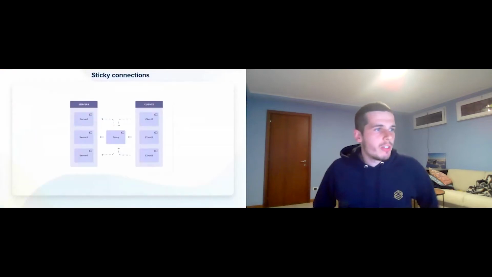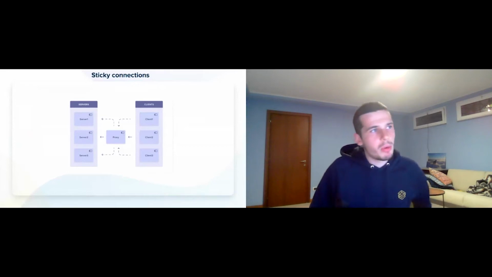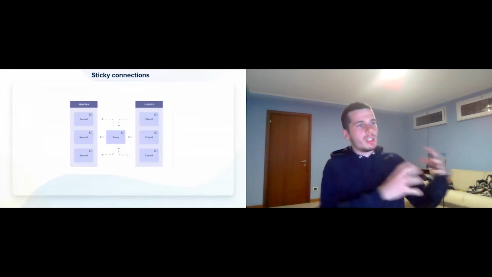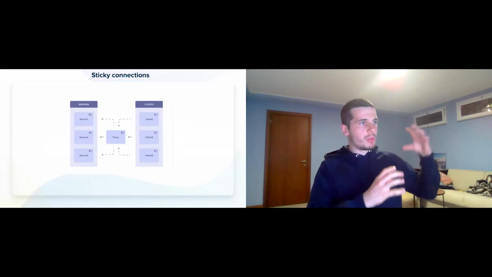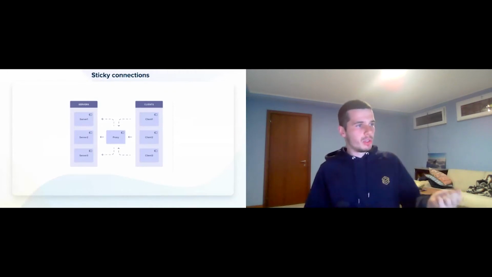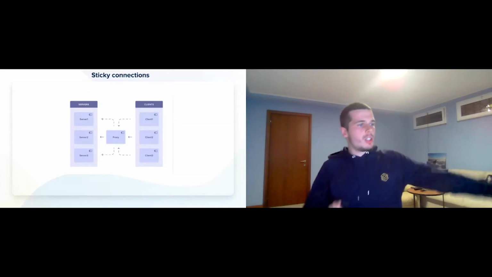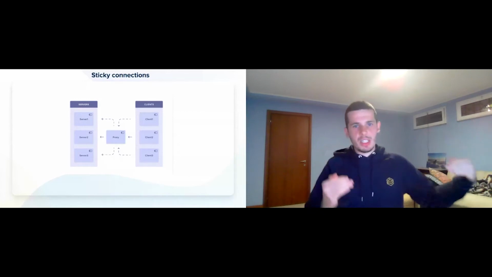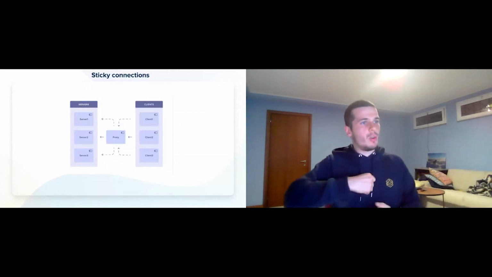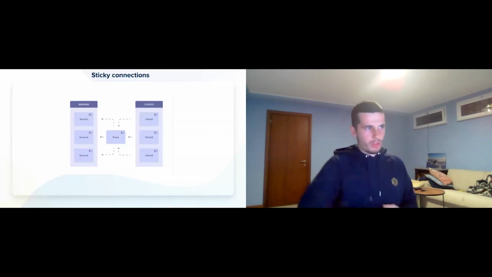So just to give an example of why sticky connections could be a problem. Here we have a proxy that sits between a bunch of servers and a bunch of clients. We have client 2 that wants to do a request, connects to the proxy. The proxy sees the connection coming in, chooses server 2, and the connection is sticky in that way, so that all the requests that client 2 does will continue going to server 2.